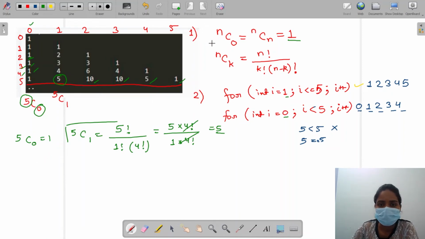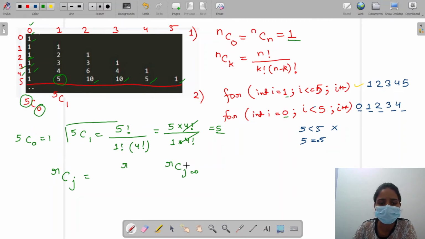How do we get this value? As I said, in this case we are having RCJ. In order to calculate RCJ, what should I write? If R is 0, R is 1, R is 2, R is 3, R is 4, R is 5, then every time when J is 0, I have to print 1. So instead of calculating RCJ when J is 0, that is 2C0, 3C0, 4C0, we are always getting 1.